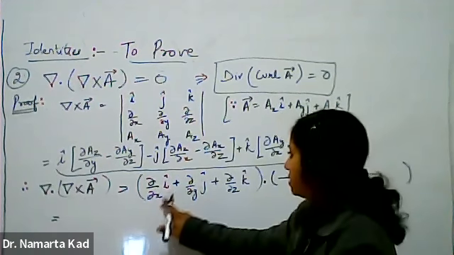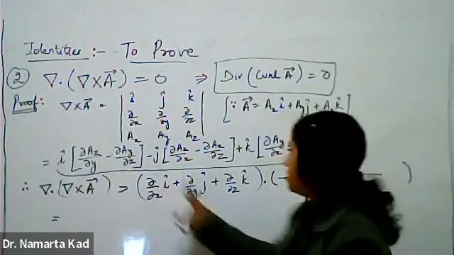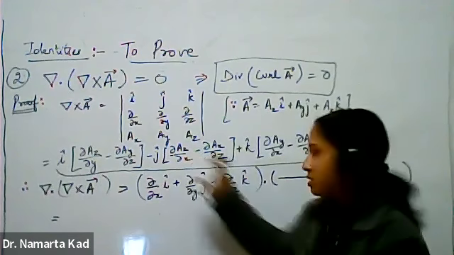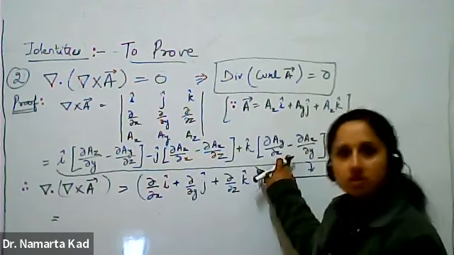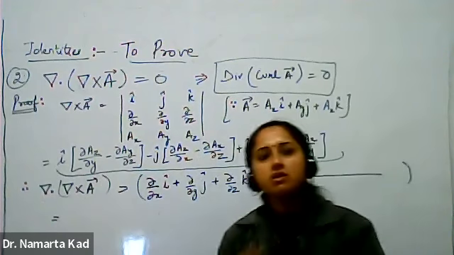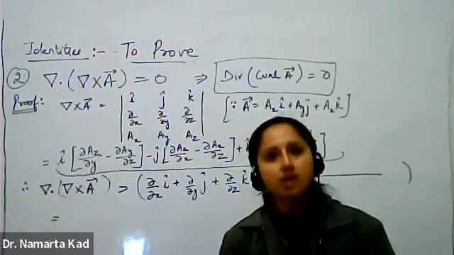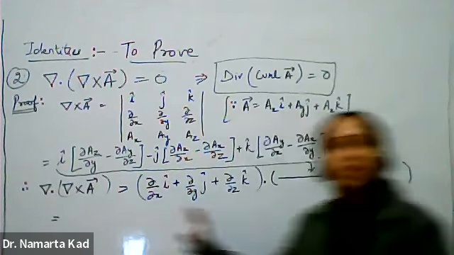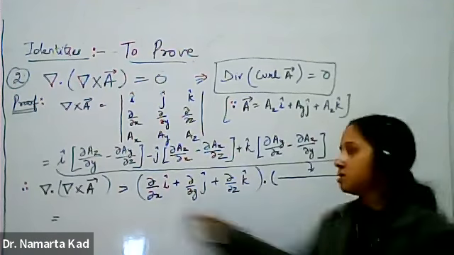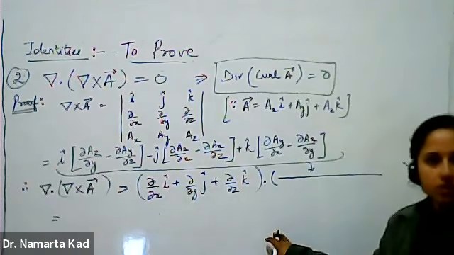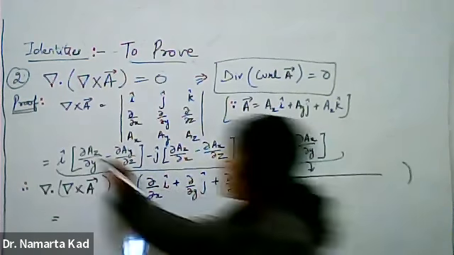Okay, like this term is multiplied with this term, this term is multiplied with this term. And we also know that the result for the divergence is a scalar quantity. So no unit vector will be there in this final result. Okay, so let's write it down.